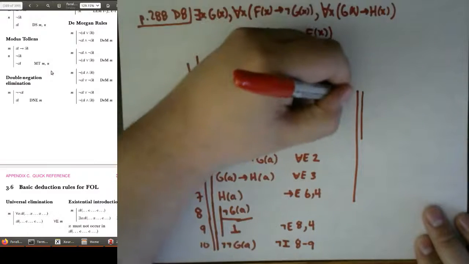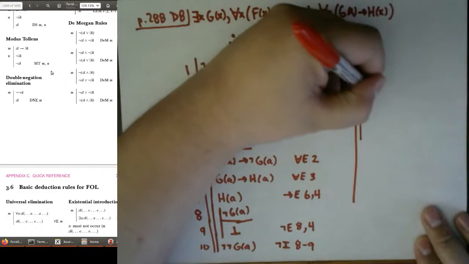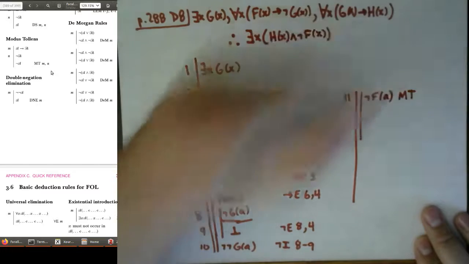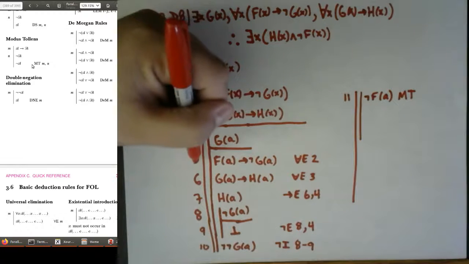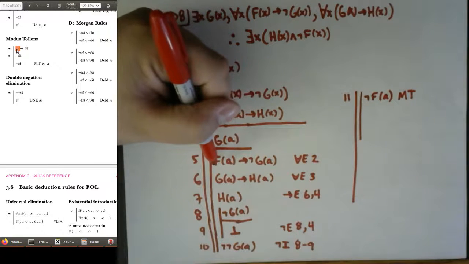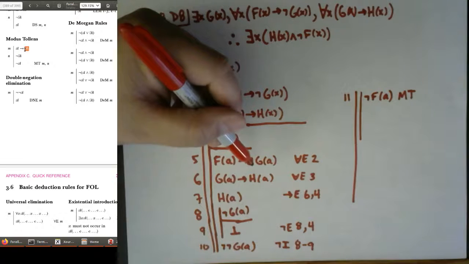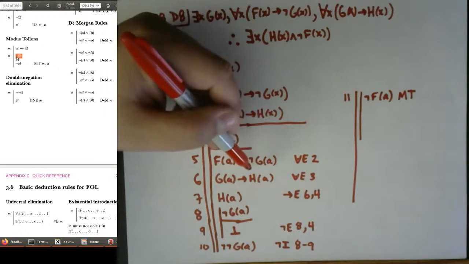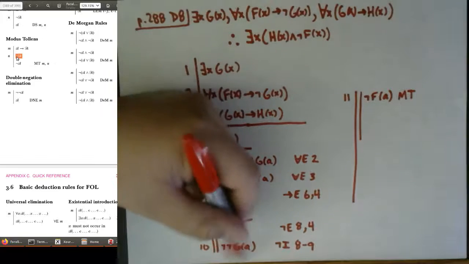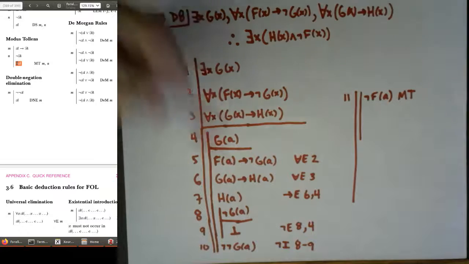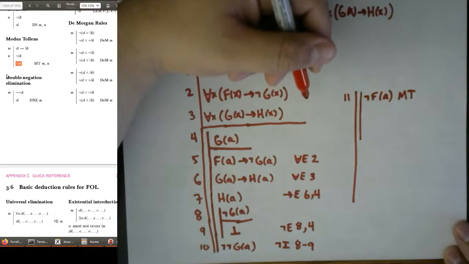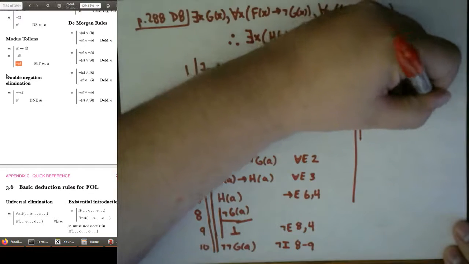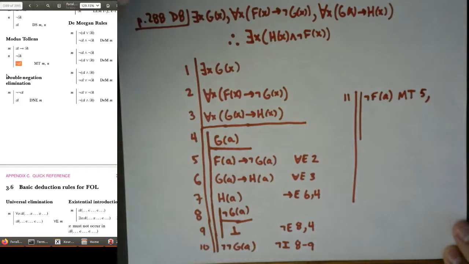So on line 11, I can conclude not F of A, and that's modus tollens applied to line 5, where the A here is F of A and the B here is not G of A. So I had to have not G of A, which is line 10, in order to conclude not A, in other words, not F of A. So to cite that properly, I have to cite the implication, which is line 5, and then the negated thing that I use, line 10.